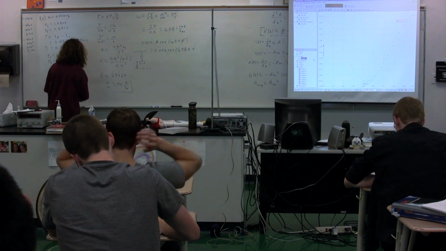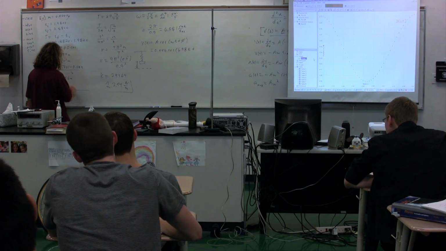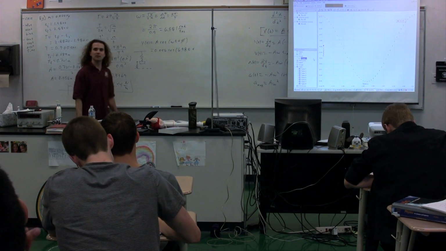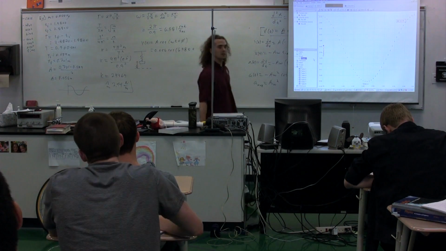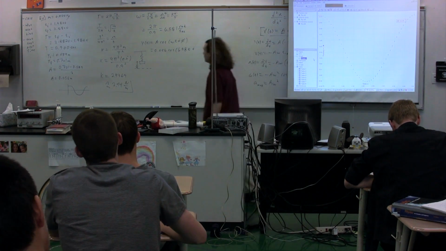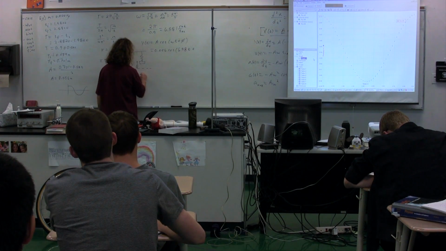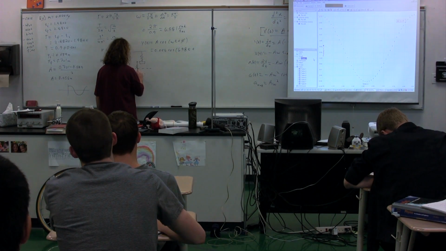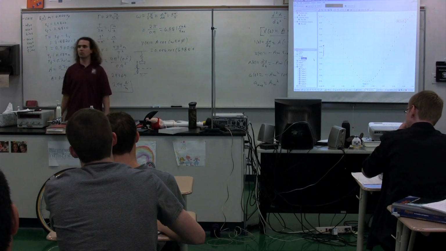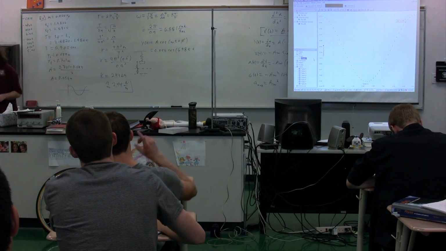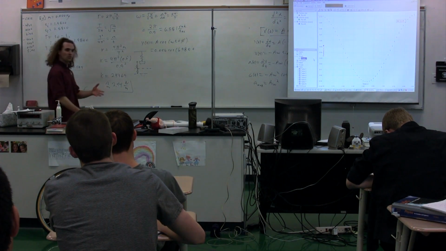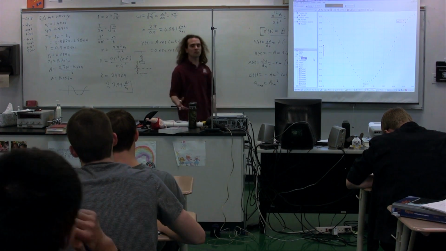Cosine, remember, looks like this. What would phi be? So, 0. Okay, what would phi be if instead I started it down here at the amplitude below the equilibrium position? Pi. So notice that's how phi works in this particular case.